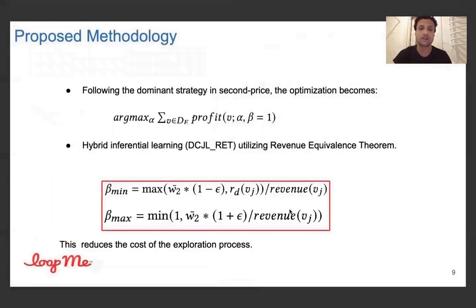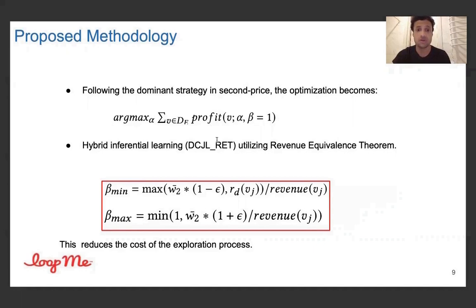Note that since the bidders are assumed to truthfully bid their valuation in the second price, there is no exploration performed for beta. So we only need to learn alpha. In a hybrid setup where the same inventory is sold using both auction types, we propose an elegant inferential strategy inspired by the Revenue Equivalence Theorem.